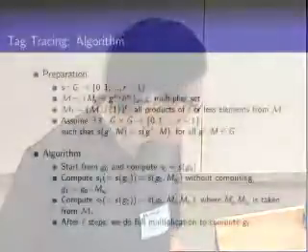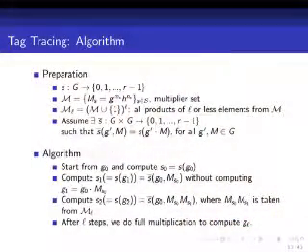Okay, the idea is like this, and S is an index function from the total group to R elements. We choose a random multiplier set.